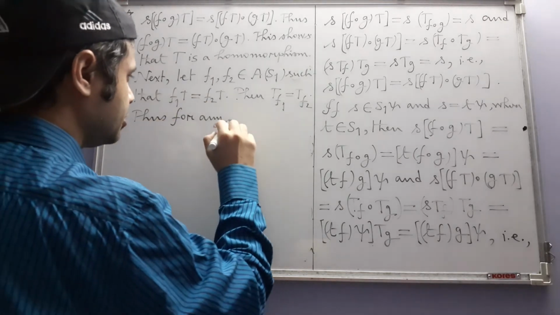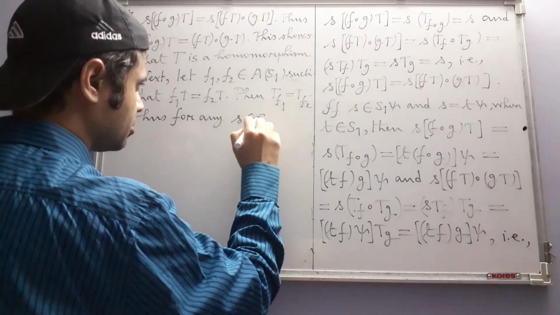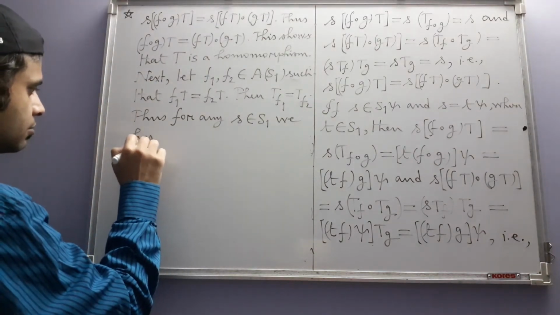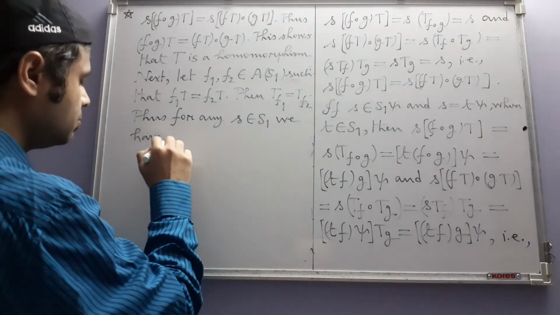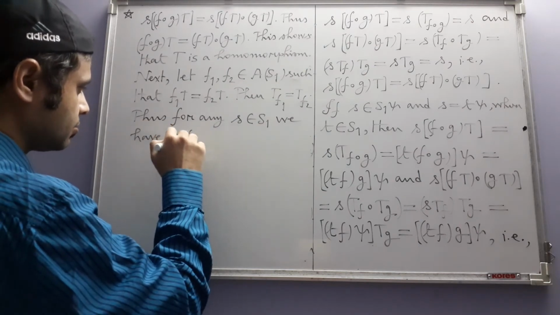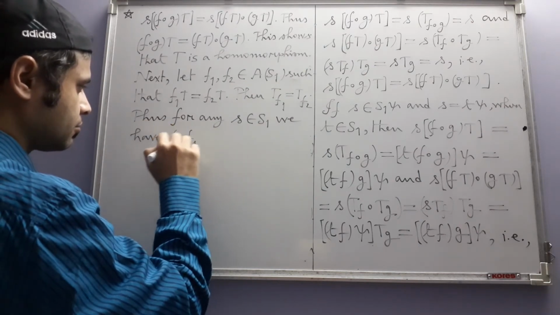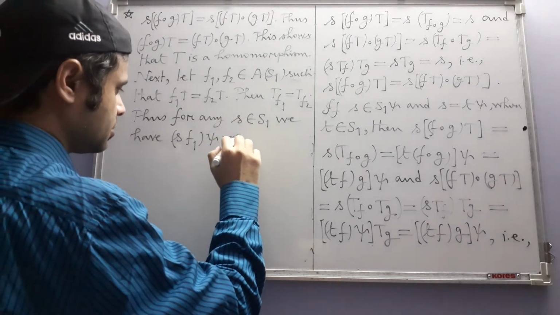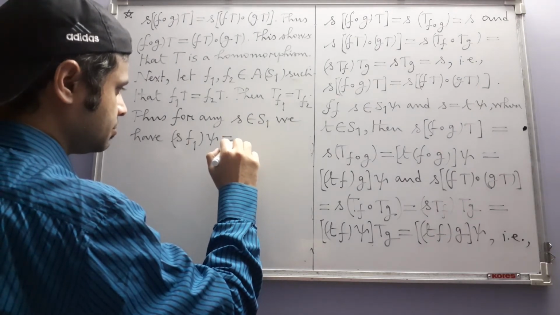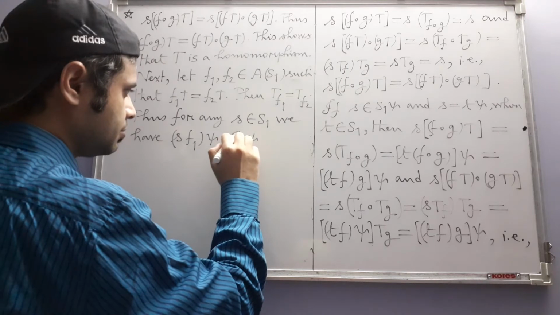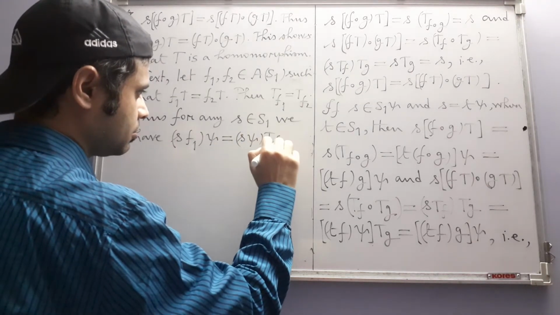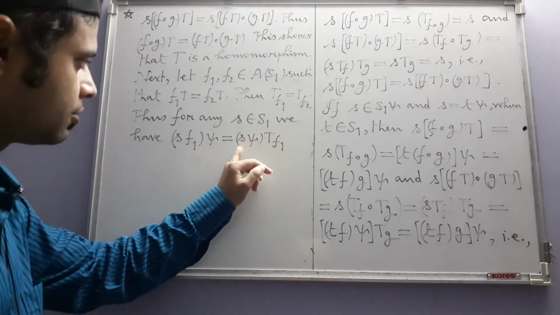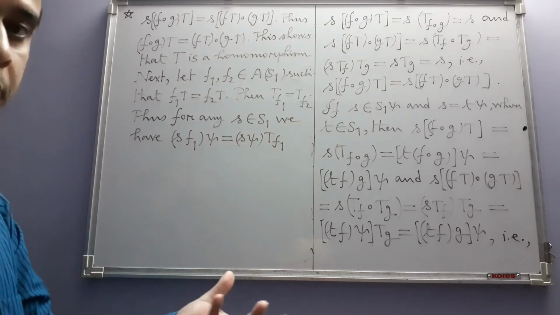let us take an element in S1. So for any S belonging to S1, we have S F1 psi is equal to S psi TF1. Since S belongs to S1, so S psi belongs to S1 psi, capital S1 psi.